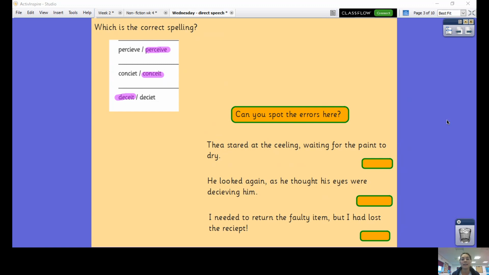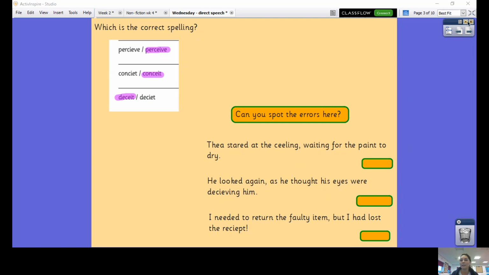So we've got Thea stared at the ceiling, waiting for the paint to dry. We've got he looked again as he thought his eyes were deceiving him. And then we've got I needed to return the faulty item, but I had lost the receipt. So pause the video now and write down what you think is the correct version of the incorrect spelling.